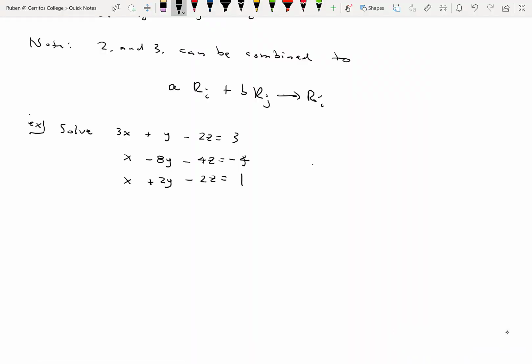So here's the same system. In fact, I just cut and pasted it from a few minutes ago. The first thing I want to do is get rid of all the x's, the y's, and the z's. The first thing I want to do is write out a matrix for the system.